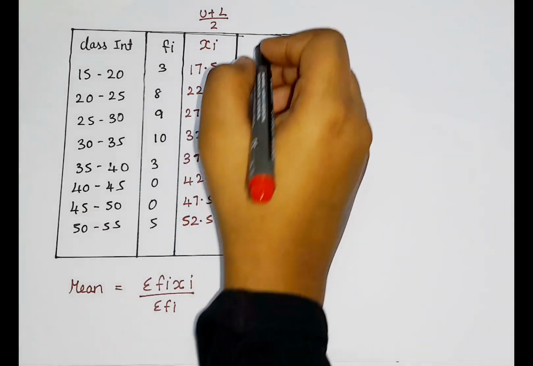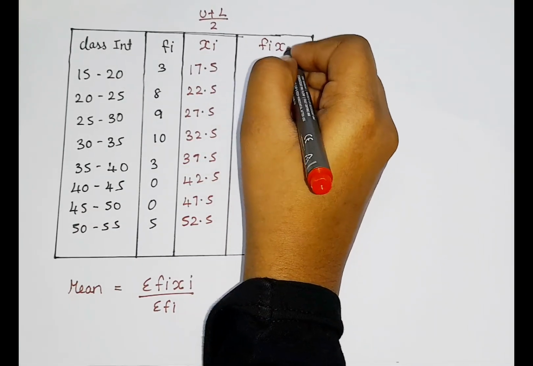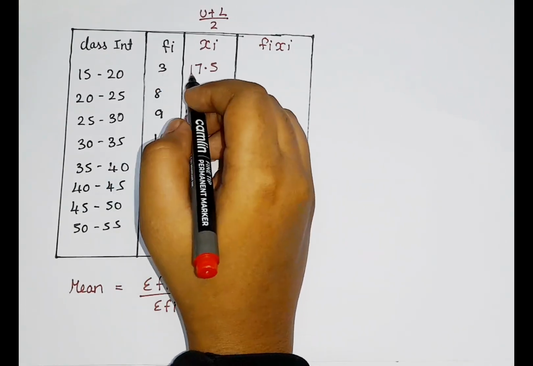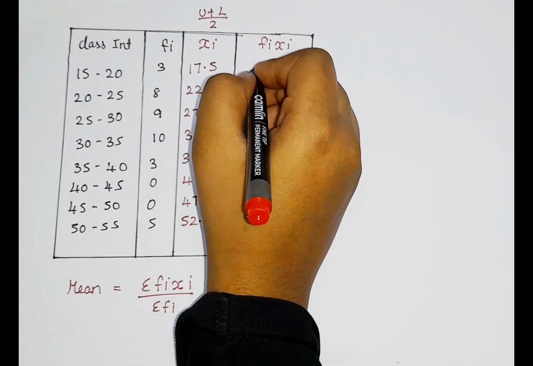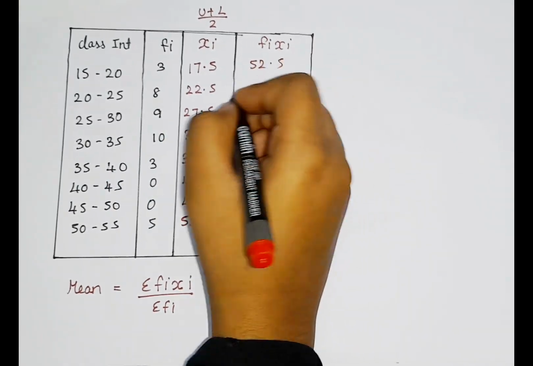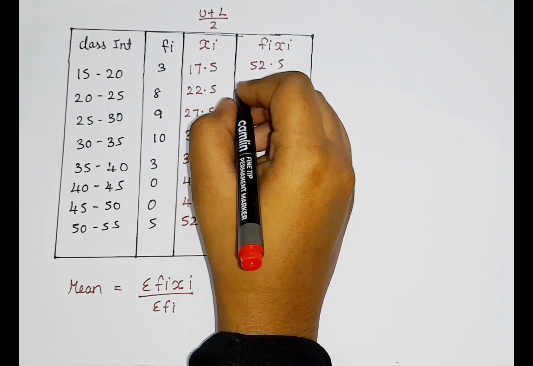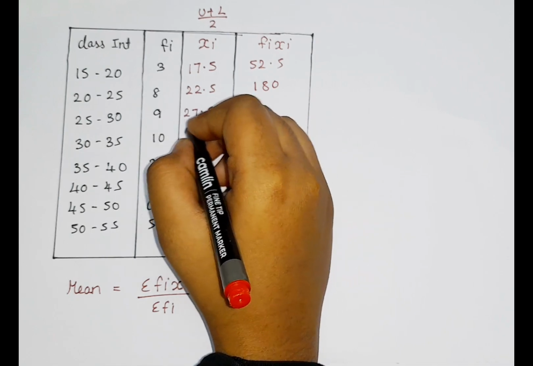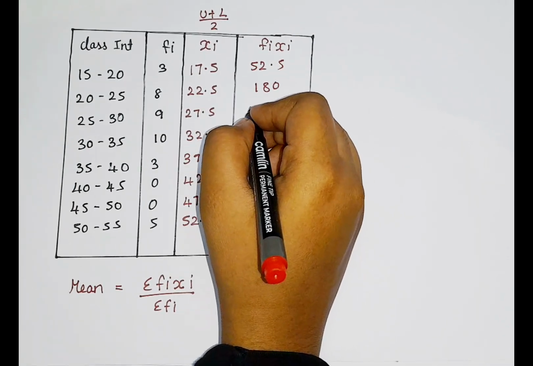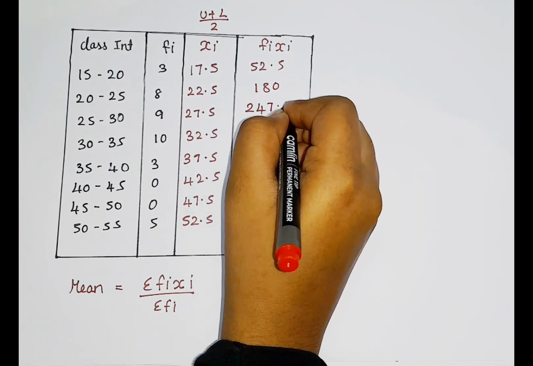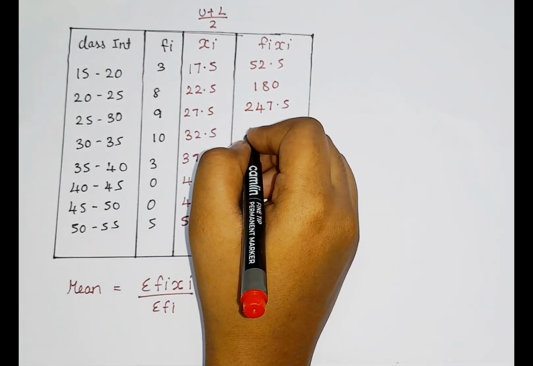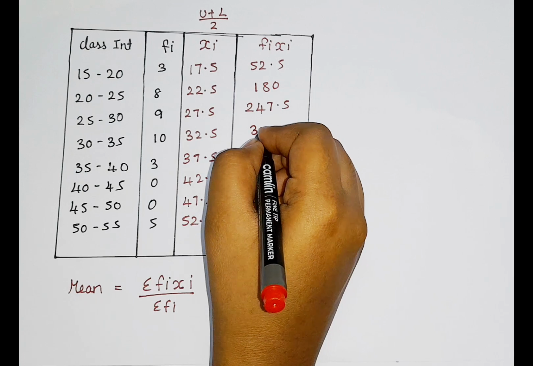Now let's find the fi xi value. It's literally easy, just multiply fi into xi. So 3 into 17.5 is 52.5, and 8 into 22.5 is 180, and 9 into 27.5 is 247.5, and 10 into 32.5 is 325.